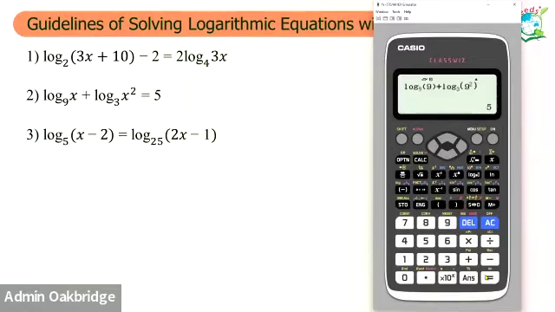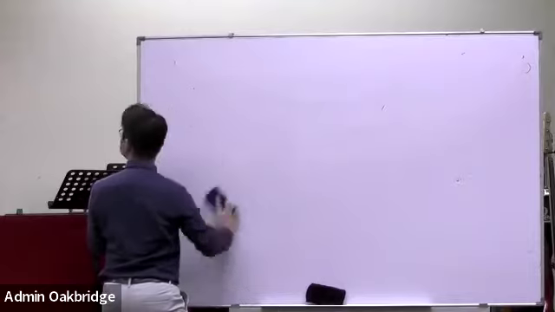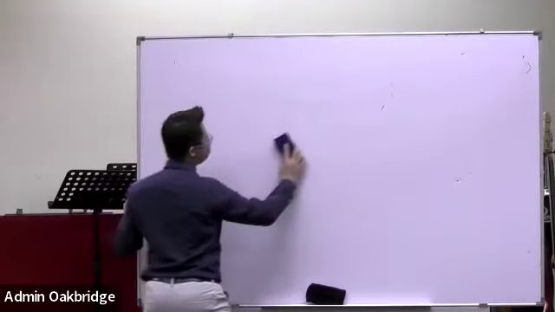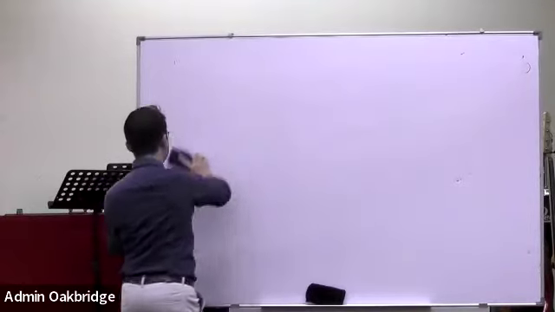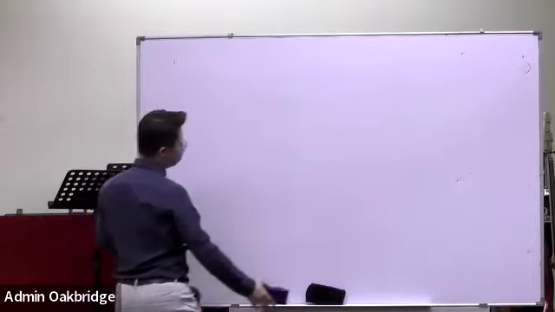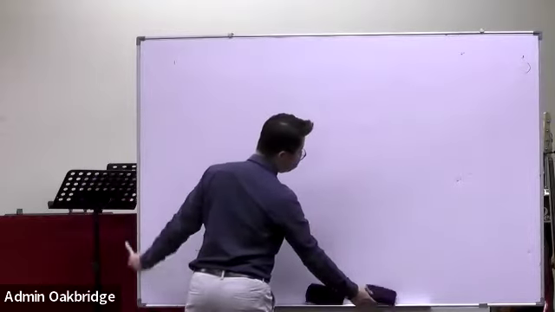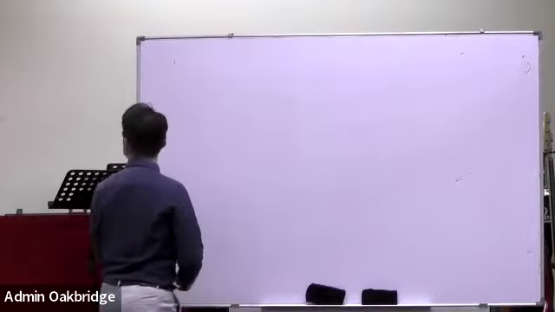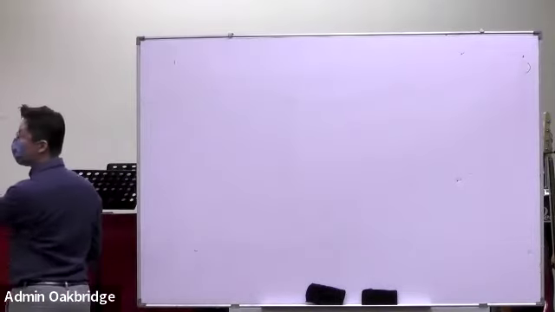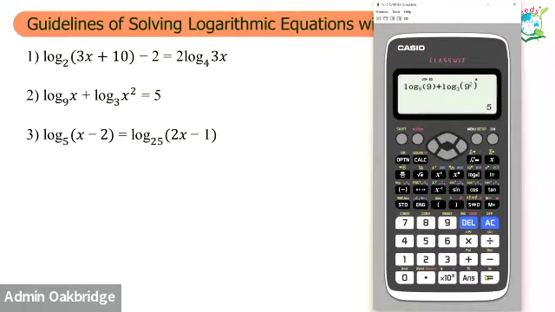Okay, question number 3. For this question number 3, after you change the base, you don't actually need to put the log terms together. This one you don't need. If you have only log terms, you don't need to actually move all the log terms together.